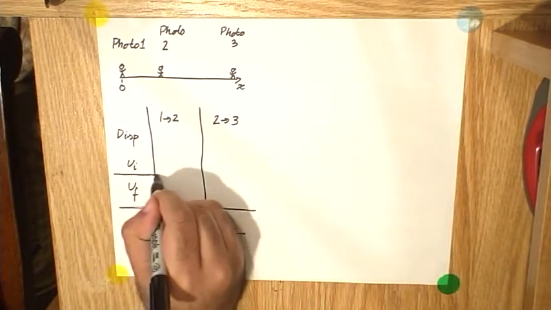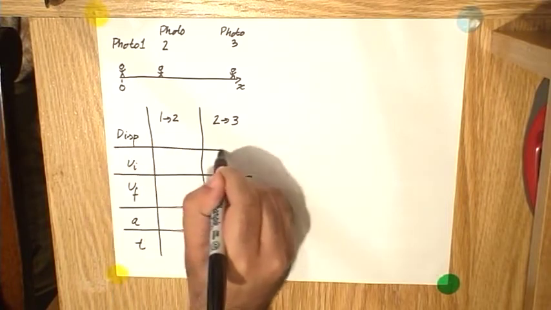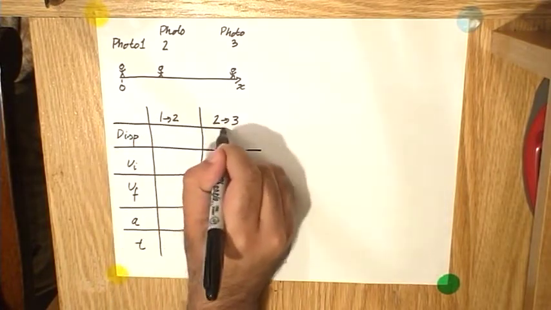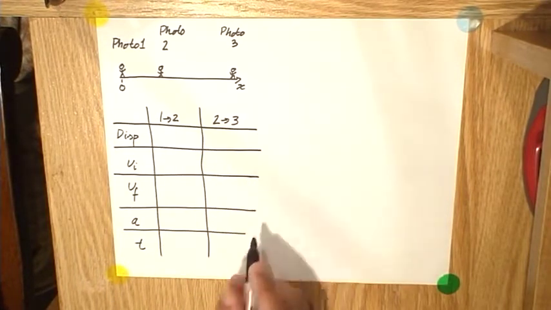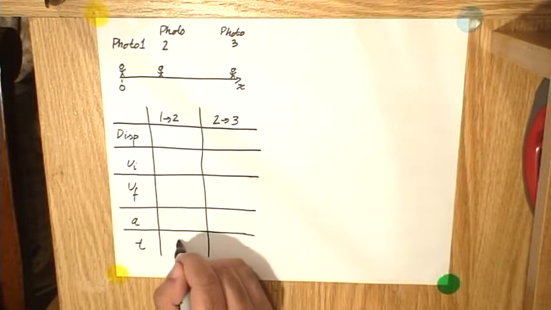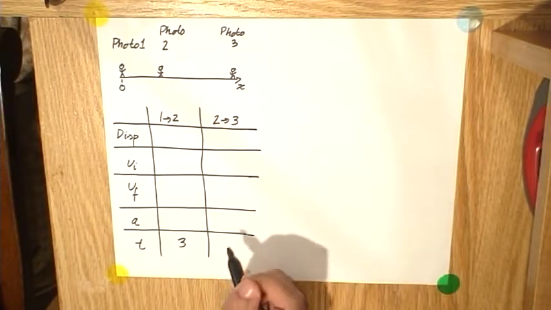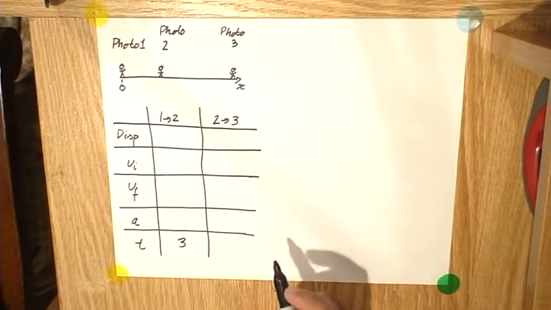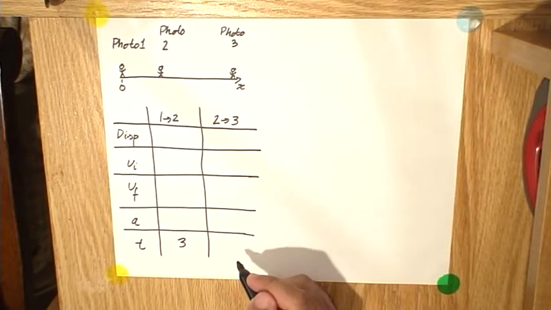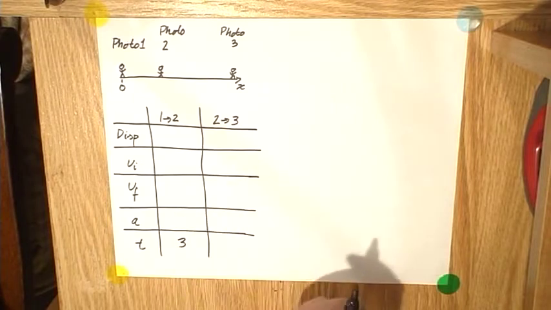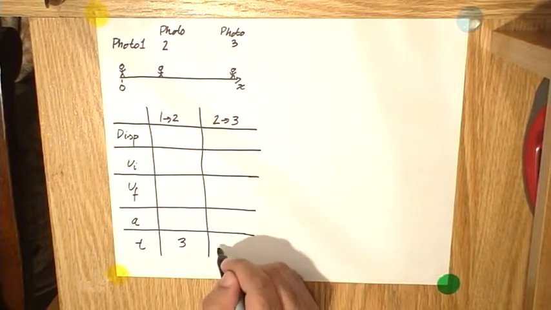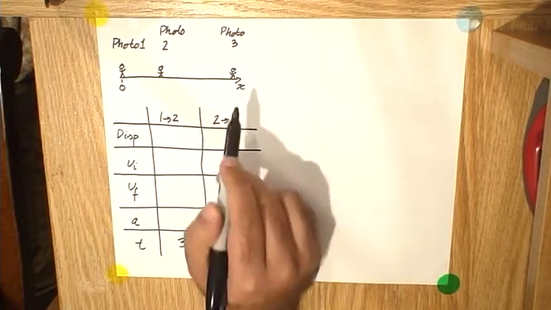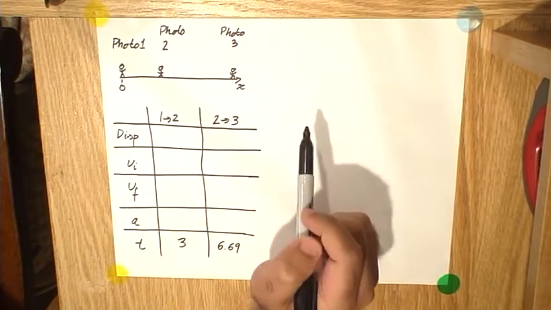So let's think about all of the things that are known in this story. We were told that it takes him 3 seconds to reach his stride between photo 1 and photo 2. And the total race was 9.69 seconds, which means that he spent 6.69 seconds in this second realm where he is not accelerating.